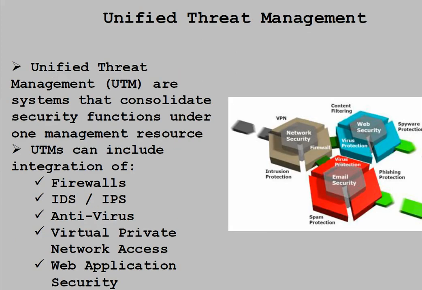Okay, next type of tool that you should be familiar with is Unified Threat Management. What this attempts to do is to take all of the different capabilities and put it into one appliance or one piece of software. So some of these are very effective in being able to combine functions.